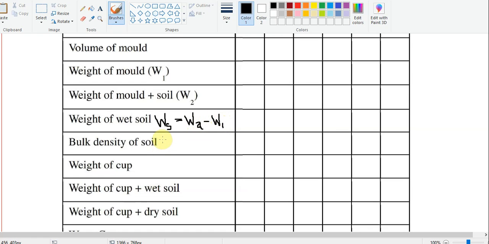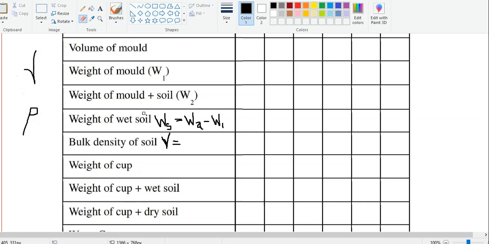Next, bulk density is calculated as, let's say this is my bulk density. If it is unit weight, we'll denote it as gamma. If it is density, we'll denote it as rho. This is density and this is my unit weight.